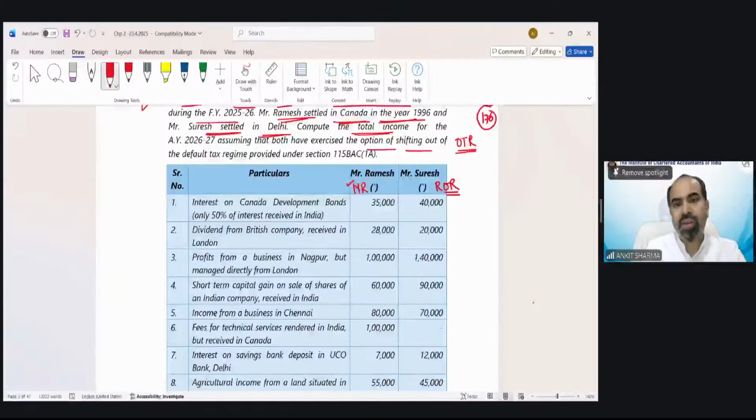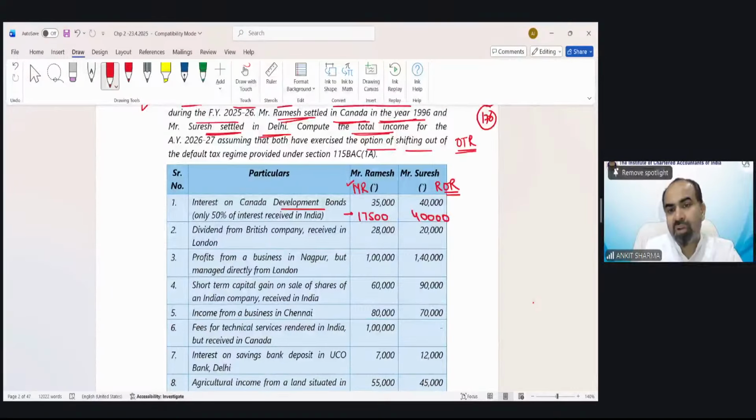Interest on Canada development bonds, only 50% of interest received in India. So in case of Ramesh, 17,500 is going to be taxed in India. In case of Suresh, the full 40,000 is going to be taxed in India, because a resident and ordinary resident needs to pay tax on everything, whatever he earned in India or outside India.